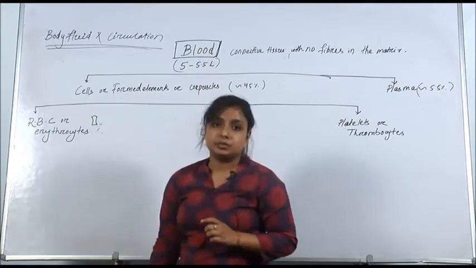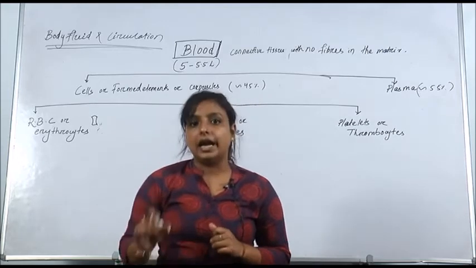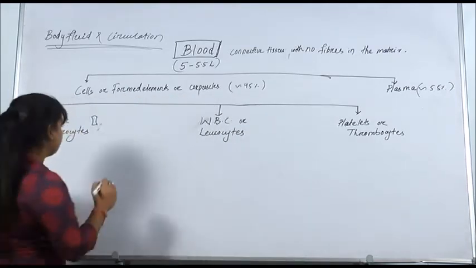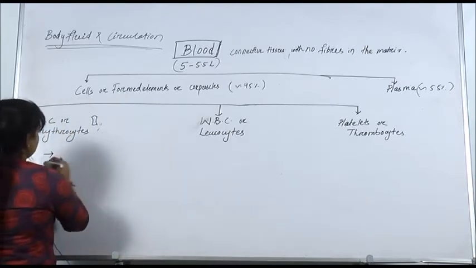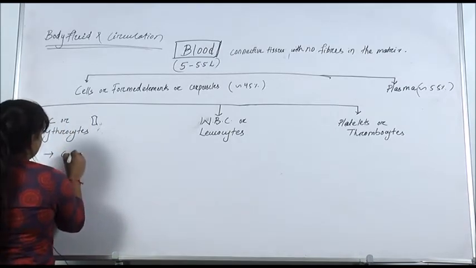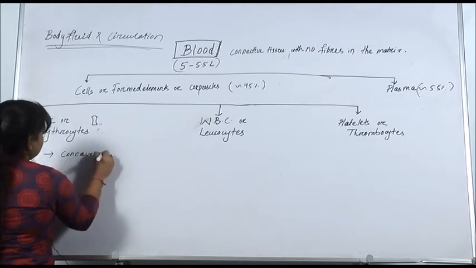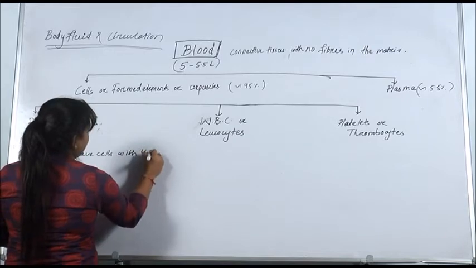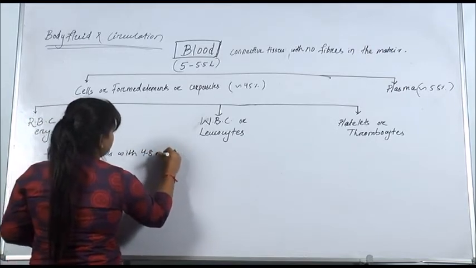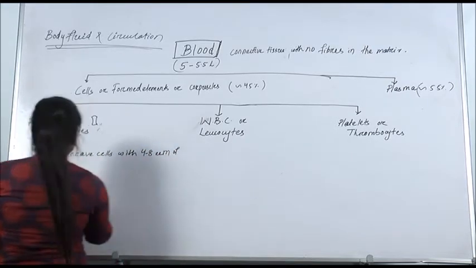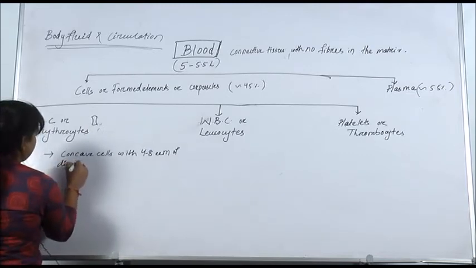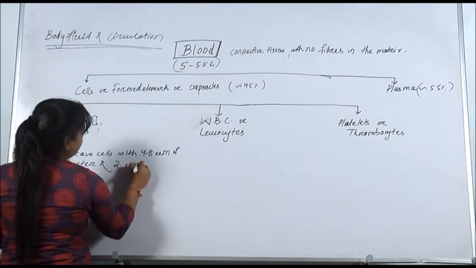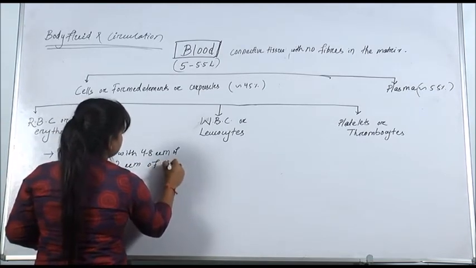The diameter varies from 7 to 8 micrometers and the thickness is around 2 micrometers. So RBCs are concave cells with 7 to 8 micrometers of diameter and approximately 2 micrometers of thickness.